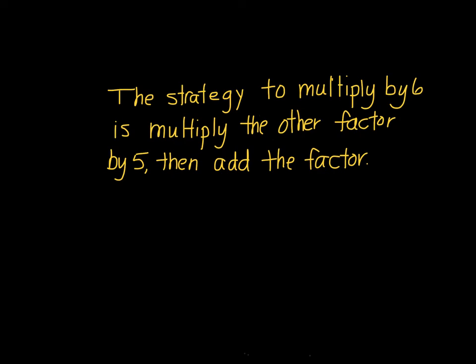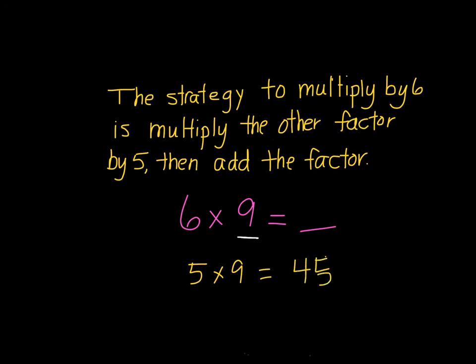So the strategy to multiply by 6 is to take the other factor, so in this case the other factor would be 9, multiply it by 5, and then add a group of this factor.